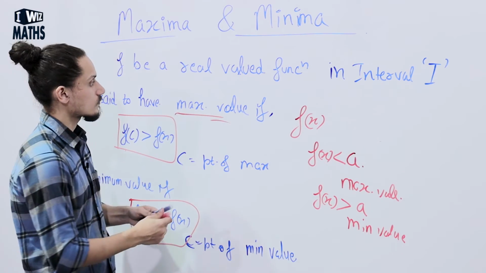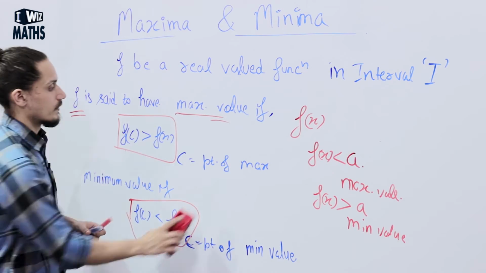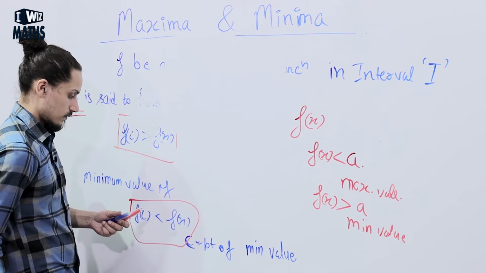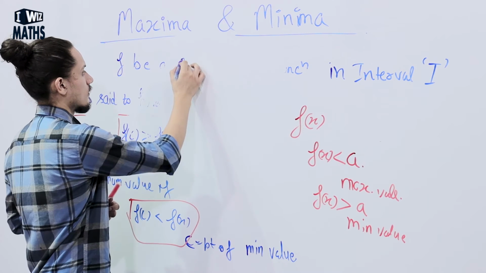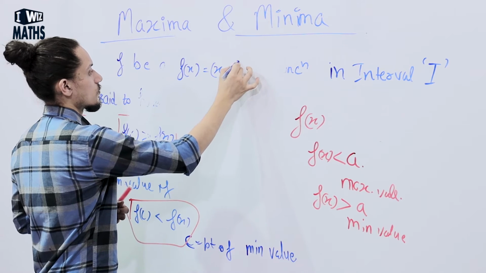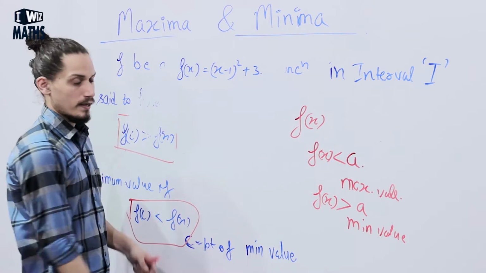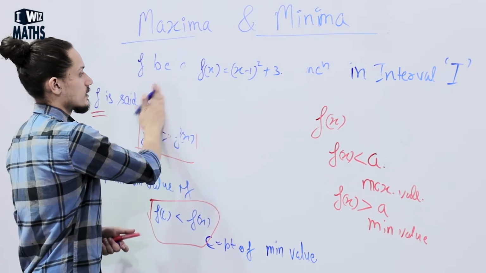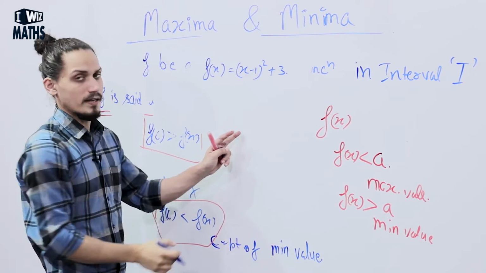For example, suppose we have a function f of x is equal to (x minus 1) square plus 3. We have to find its maximum or minimum value. So firstly we know the square of any number is always non-negative.